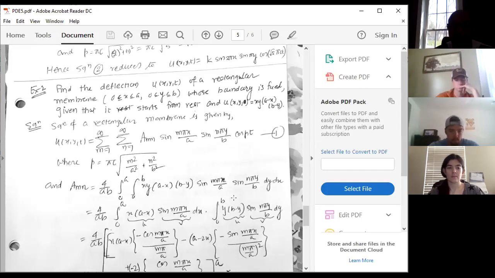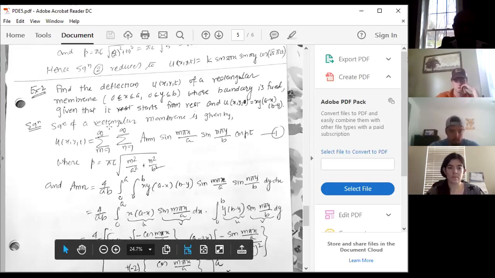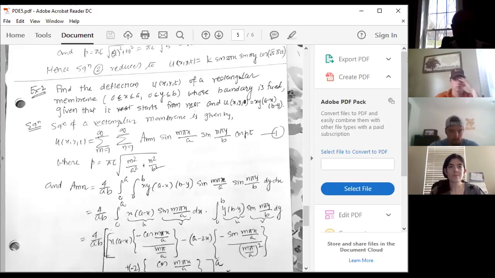Whose boundary is fixed, meaning 0 to a and 0 to b. Given that it starts from rest, meaning at time t equal to 0, and u(x,y,0) equals the function f(x,y) equal to x(a minus x) times y(b minus y). Exactly the same as the previous one.